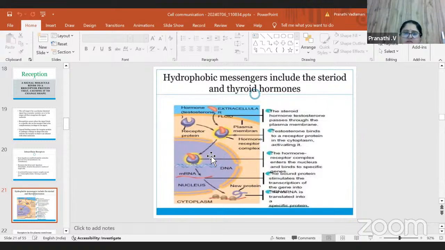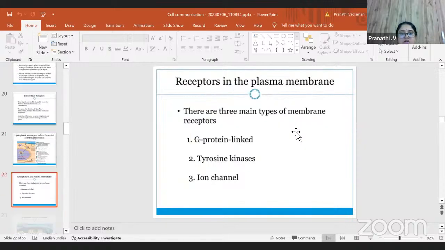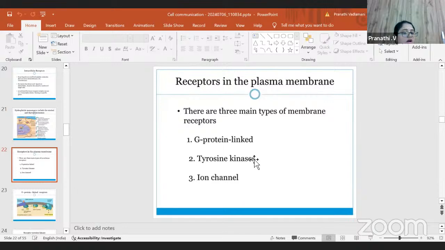They pass through the plasma membrane because they can pass through the lipid bilayer and then bind to a receptor protein present in the cytoplasm itself. This causes transcription and translation to occur and protein synthesis to occur. So this is what happens in steroid and thyroid hormones.